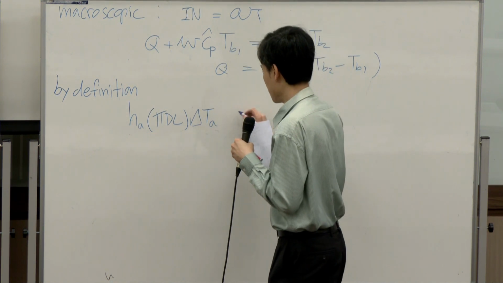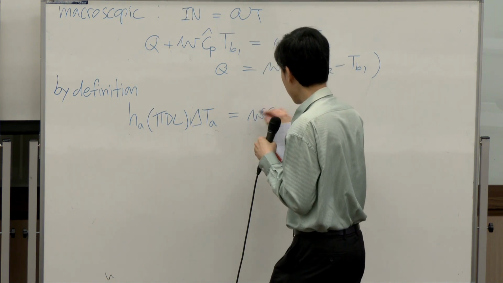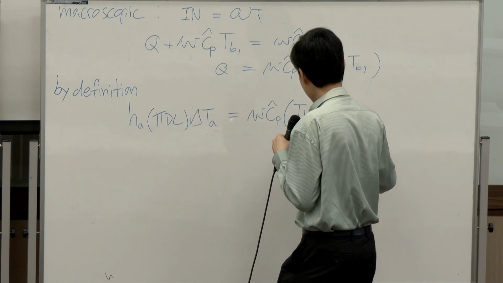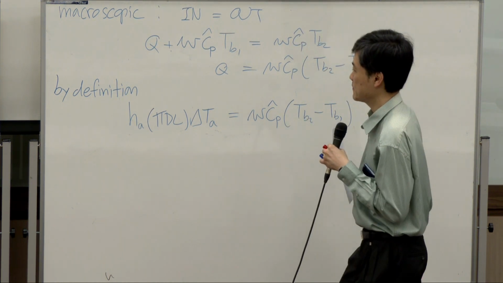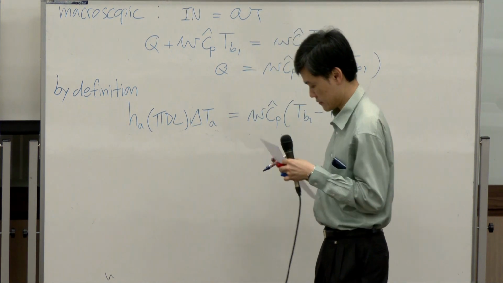This is Q equal to this side of the equation, WCP times TB2 subtracted by TB1. Okay? So I'm replacing Q by the definition of heat transfer coefficient.